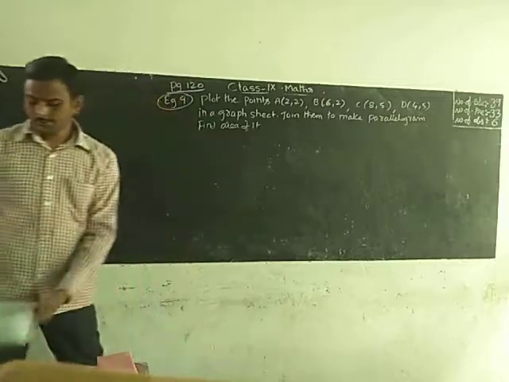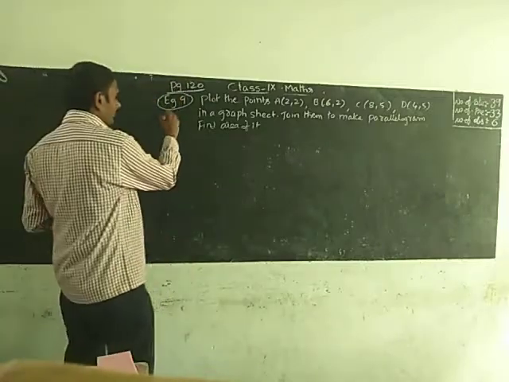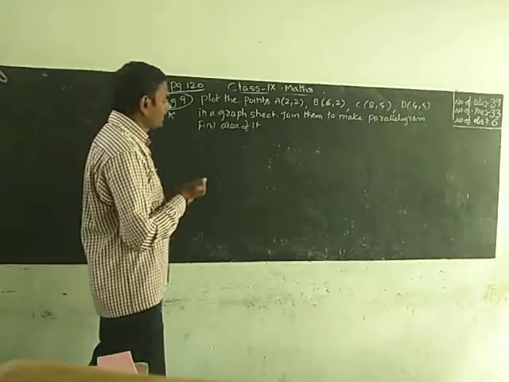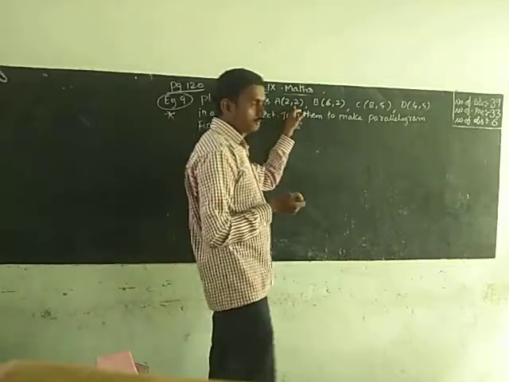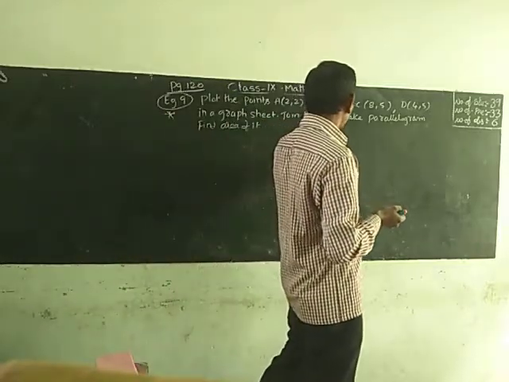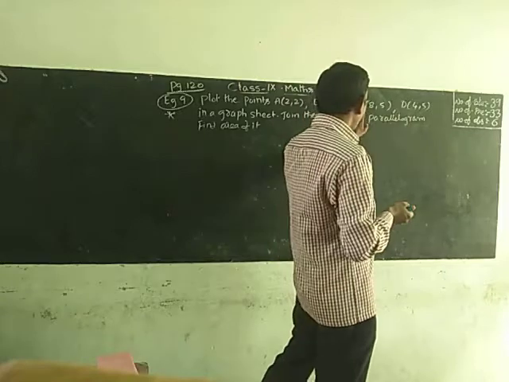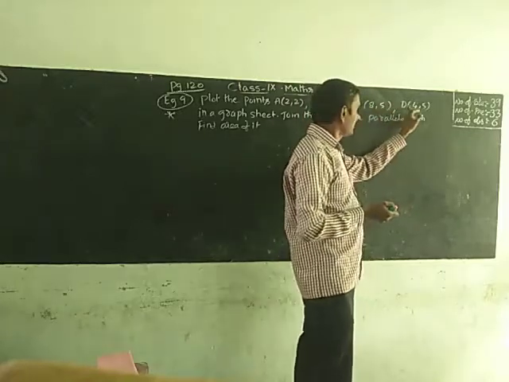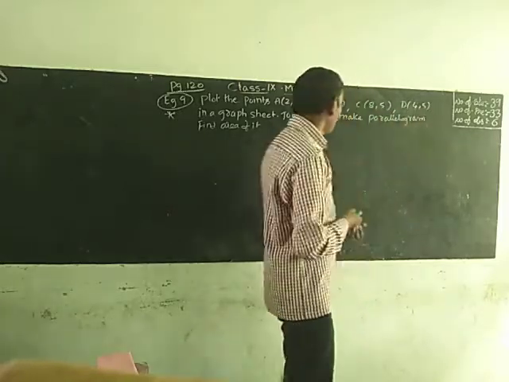Okay, what is the question here? It is a very important model. Plot the points A (2, 2), B (6, 2), all positive numbers only, C (8, 5), D (4, 5).